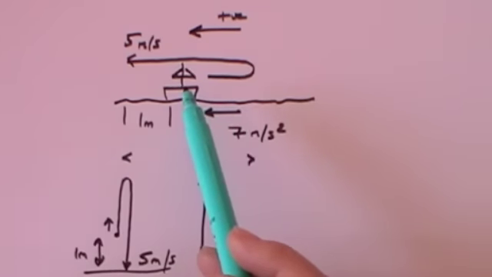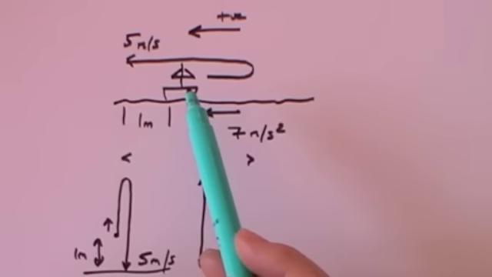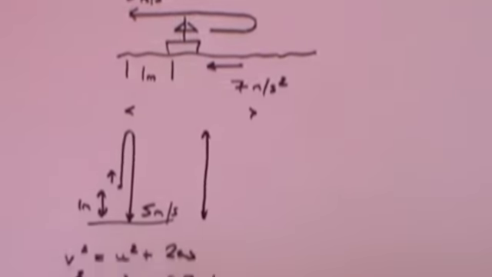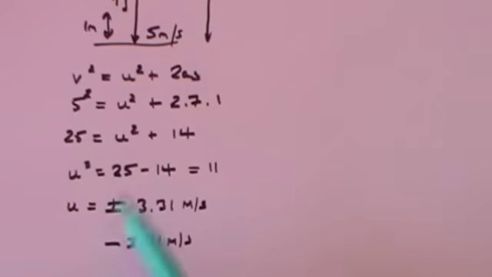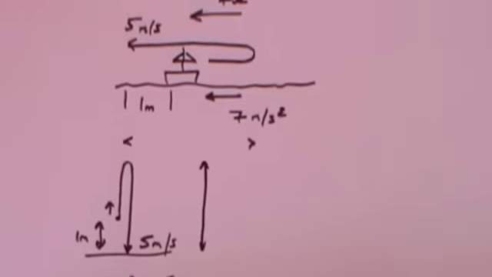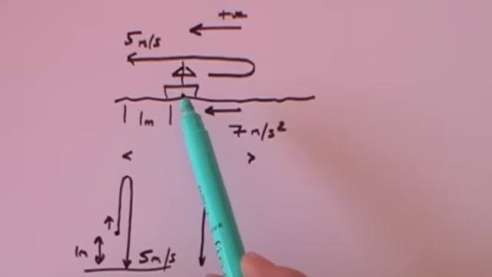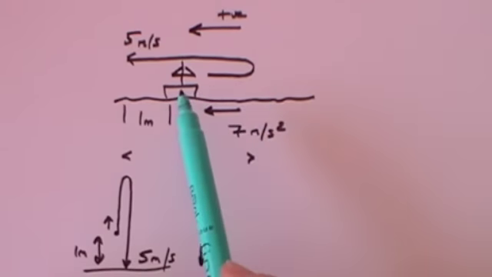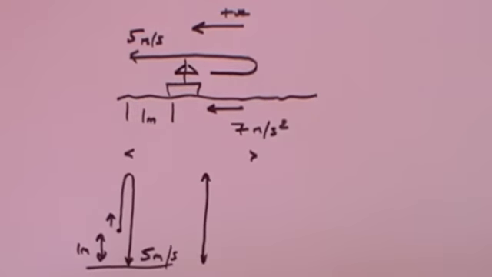And as it passes its initial point, it is once again doing 3.31 metres per second, but this time in the positive direction. So these two values, plus and minus 3.31, simply tell you the values of the velocity at this point. Firstly, the initial velocity when it's going in that direction, and then the velocity when it passes this point again, travelling in that direction.